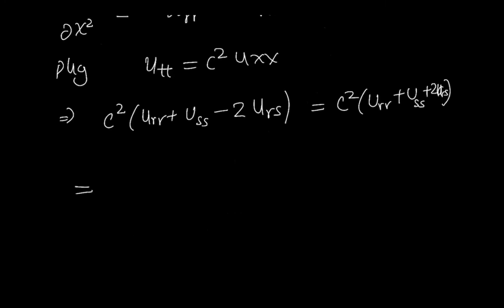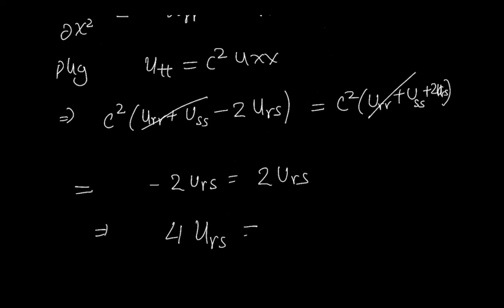So you see that this will cancel out from both sides, and the c's also cancel out because c is a constant. So it's going to be minus 2 u r s equal to 2 u r s. Therefore, this is equal to 4 times u r s equal to 0. That's excellent.